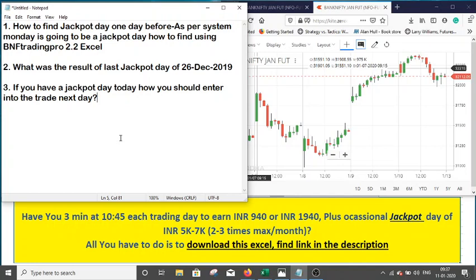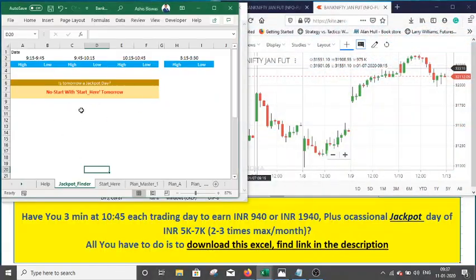Now, using this Excel sheet, you can find after today's market close whether next day is likely to be a big movement day or not.